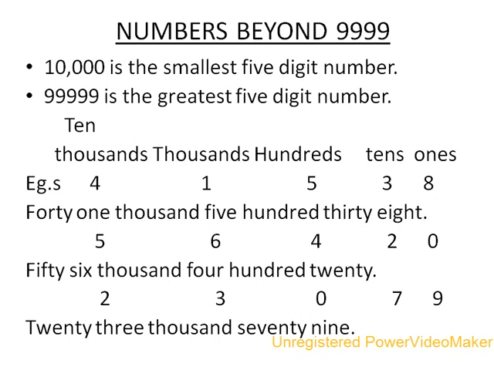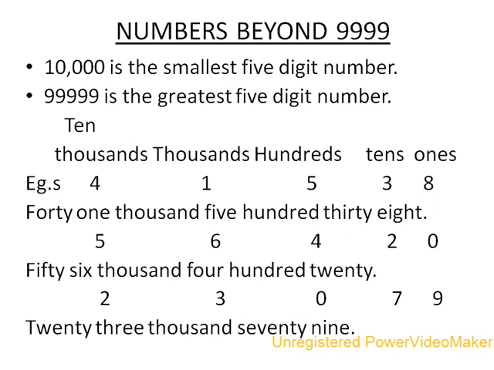Let us see with examples. Like I have taken 4, 1, 5, 3, 8. When I read this number, I will say 41,538. I will read both the thousands together and then hundreds and then tens and ones all together. So it will become 41,538.